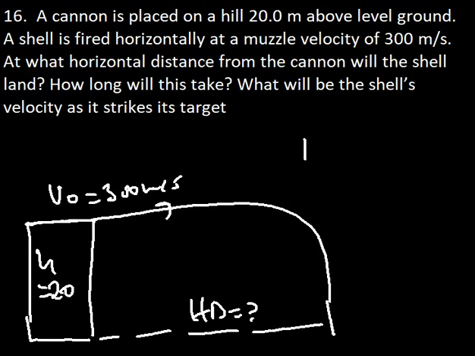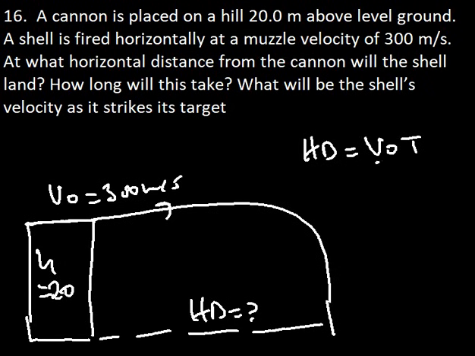For this case, the horizontal distance is given as v naught times t. So in order to have the horizontal distance, we need to have the time, and the time will be solved from the height of the hill, as you already know. We have the height of the hill and the launch velocity, and in the first part we're looking for the horizontal distance.